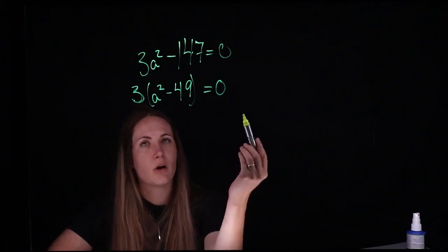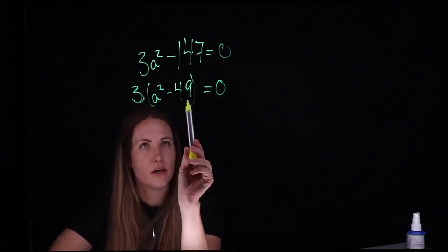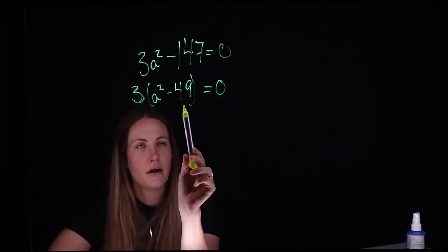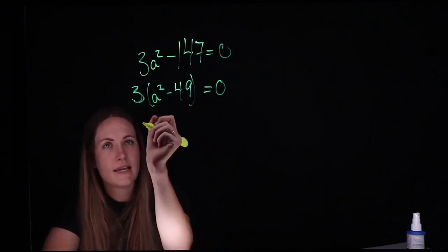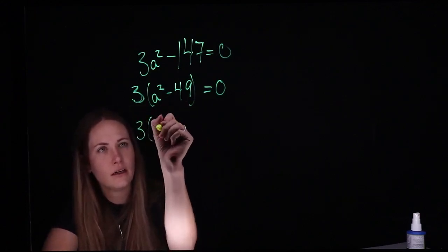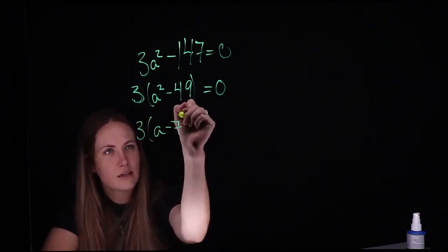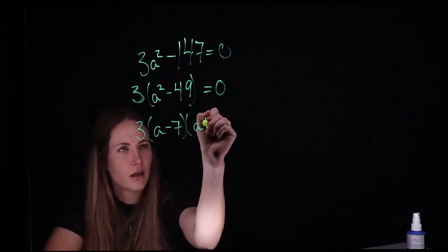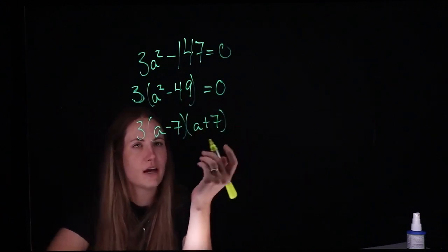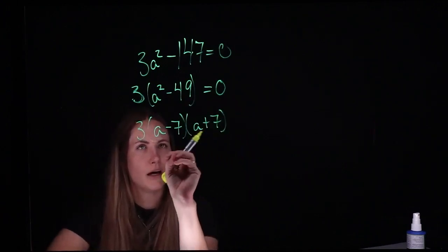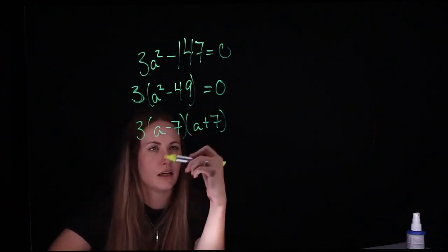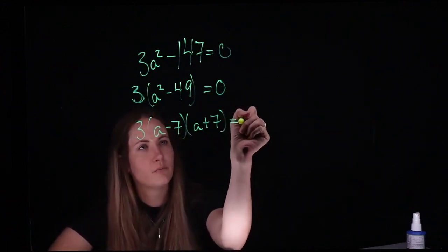So just like the last problem, there is a square root of a squared and there's a square root of 49. The square root of 49 is 7, so I'm going to have 3 times a minus 7 and a plus 7. They have to have opposite signs because when you combine them, it makes 0. So negative 7 plus 7 is 0.